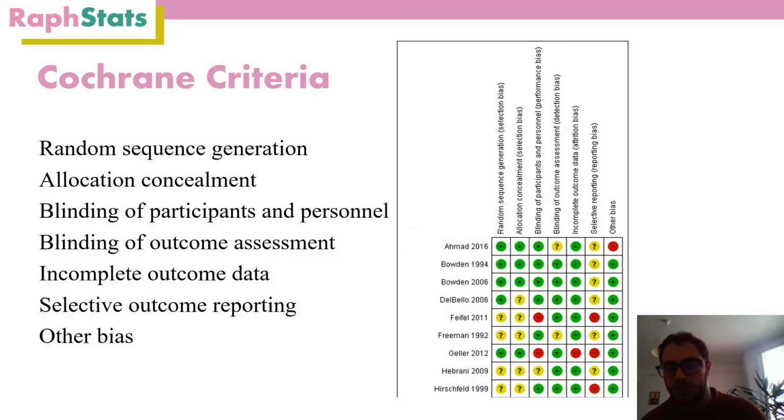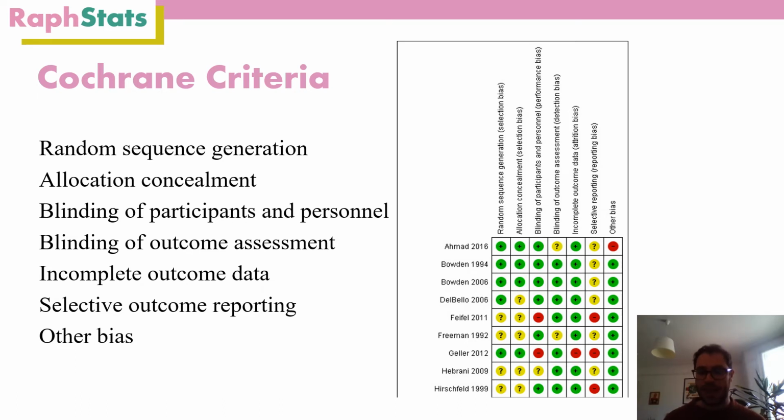There are lots of different criteria for thinking about how a study deviates from the idea of a perfect RCT. The Cochrane criteria is a respected criteria used in Cochrane reviews, often considered a gold standard review, and so I've based my talk on these criteria. They are a little bit more complex, so I've tried to simplify them a bit.